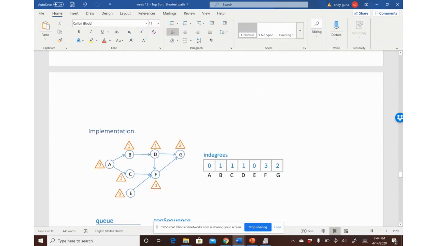Now, there's a question of how. One of the things you have to do is compute all the in degrees, right? So in the algorithm, to compute all the in degrees.